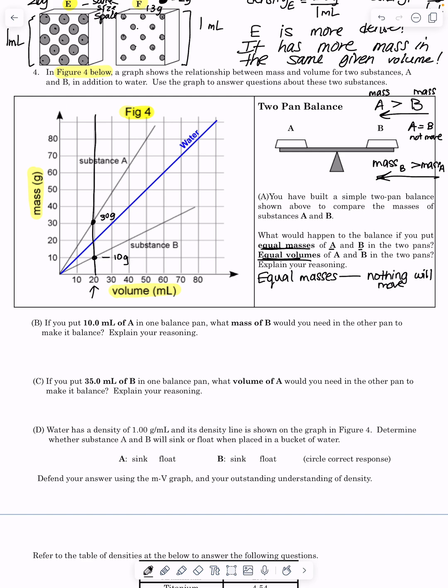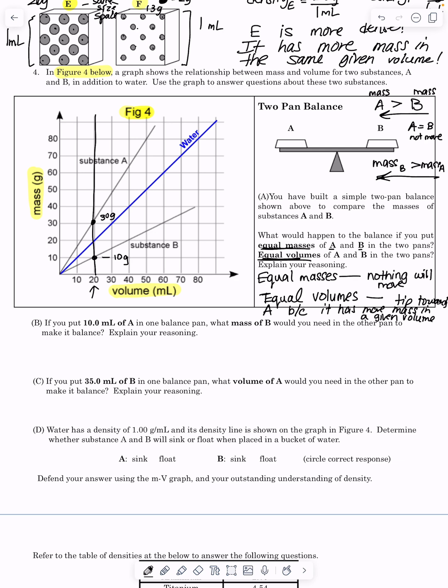So if it was equal volumes, it would tip towards A. Why? Because if it had the same volume, A would have more mass than B at any given volume. Tip towards A because it has more mass in a given volume.